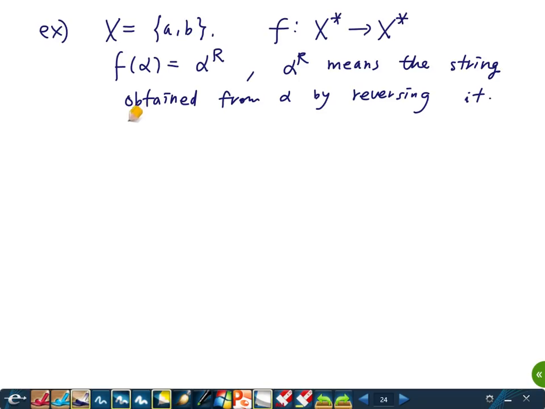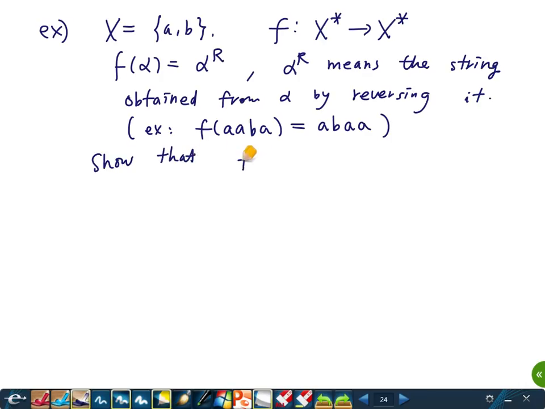Then, for example, f of ABA, what is that? Just read it backward. It's ABA again. So let's show that f is a bijection.